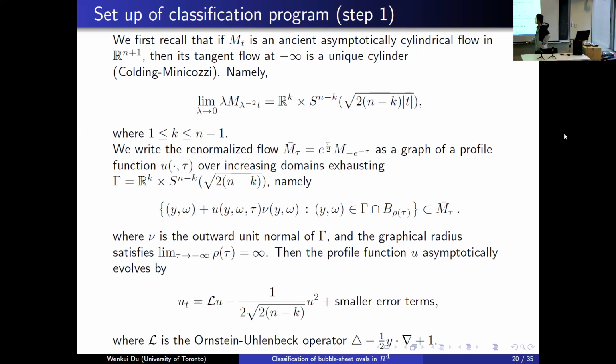And the second term is some quadratic term, and then the higher order terms. If we forget these higher order terms, it's basically maybe the easiest type of nonlinear heat equation here. And this is the toy model for us to study asymptotics.